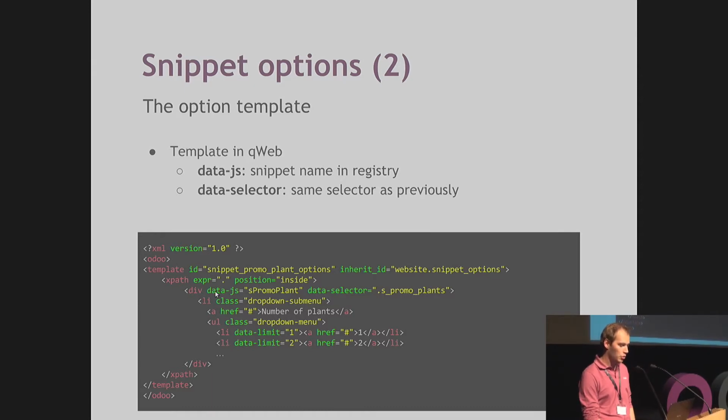Here, two important elements: data-js, which is the name of your snippet. This will be used to map which option is available on which snippet. And here again, the selector, same as before.